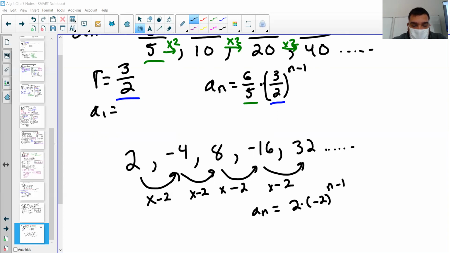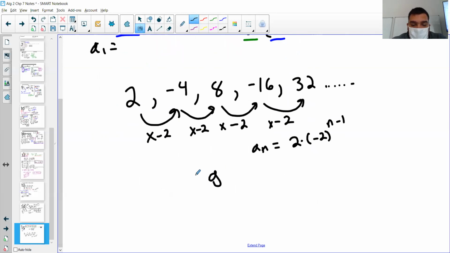What page is this? 454. I'm gonna write it down here so I can keep track. Page 454. This first set is just telling me if it's geometric.